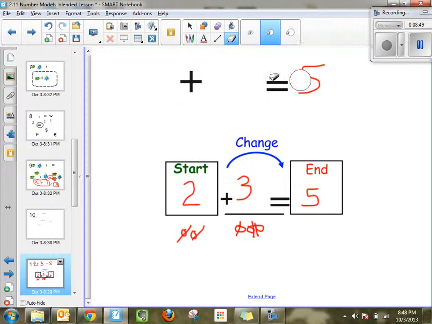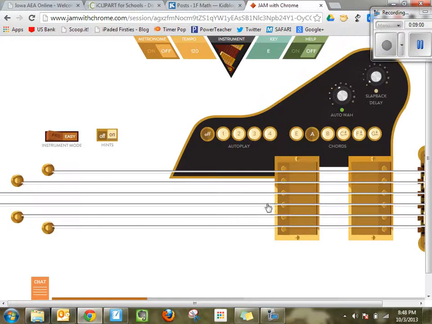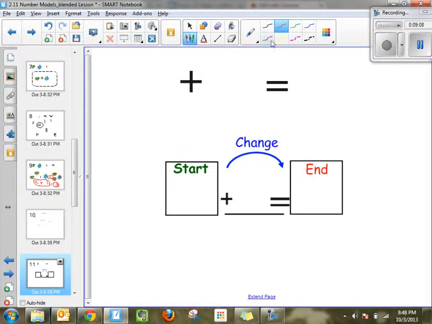Okay, so let's try a few others now that you kind of got the hang of it. Let's get rid of some of our writing here so we can start fresh with a brand new one. Same thing, I'm going to strum the guitar, and then I want you to count in your head, and then we'll keep track of it using this chart. Okay, so that one would have been 3 that we started with.